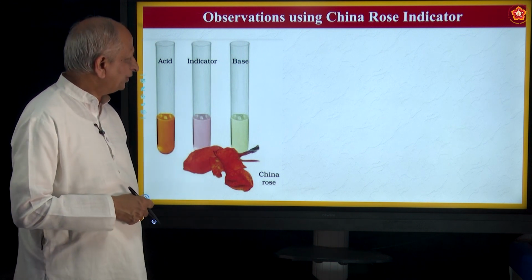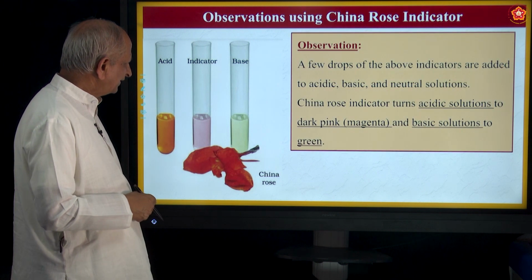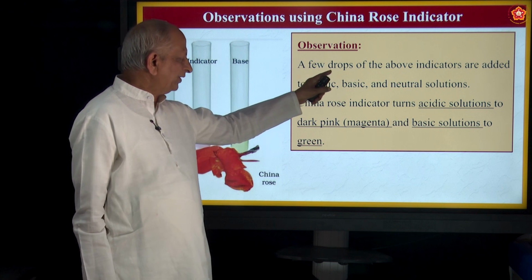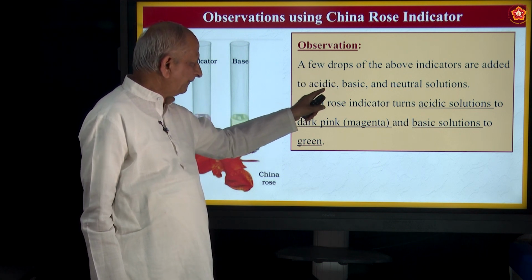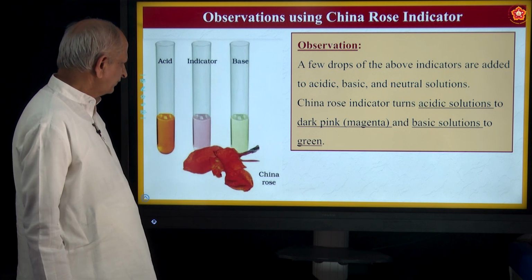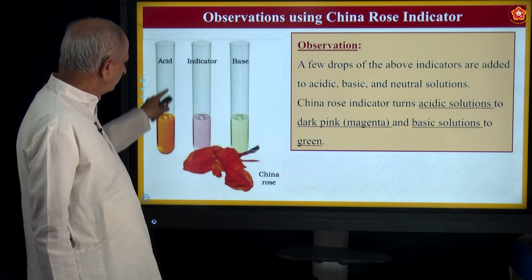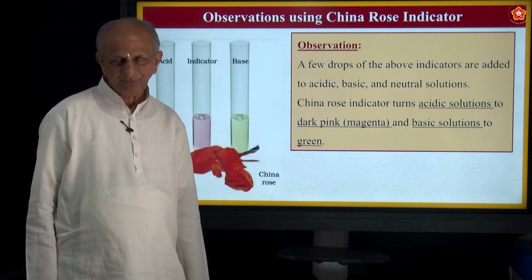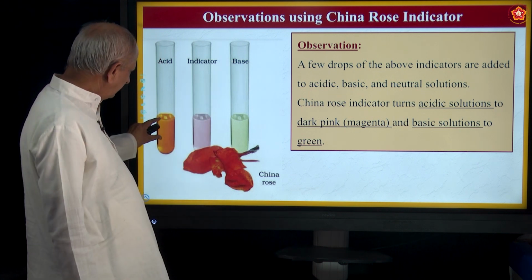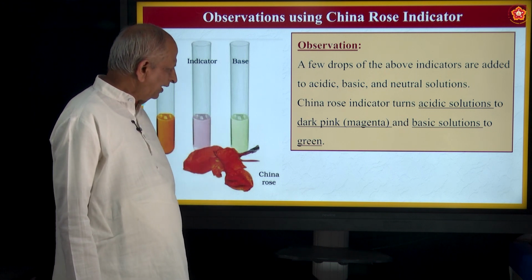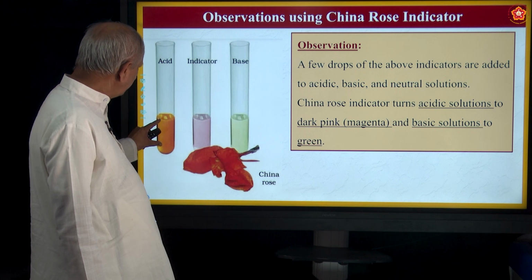Okay. Now, after knowing how it is prepared, let us see what happens. A few drops of the above indicator are added to acidic, basic and neutral solutions. So what is this apparatus called? It is called a test tube, is it not? Take a little, say about 10 ml of acid solution.